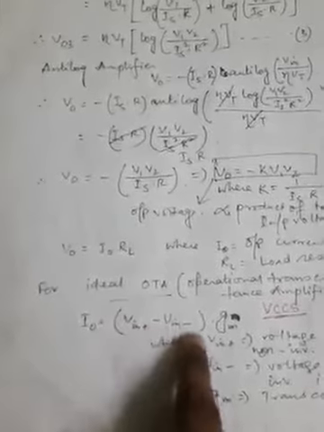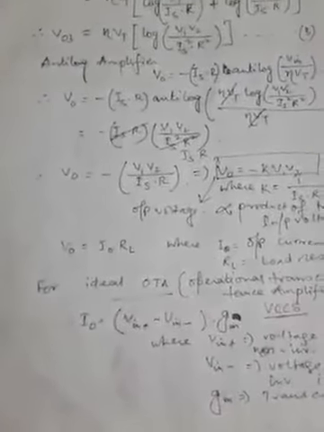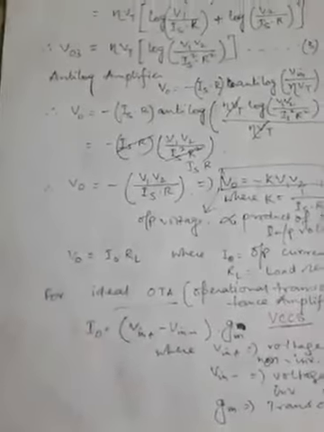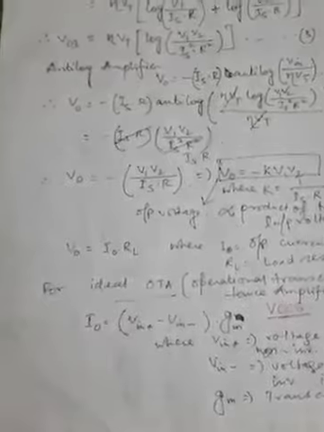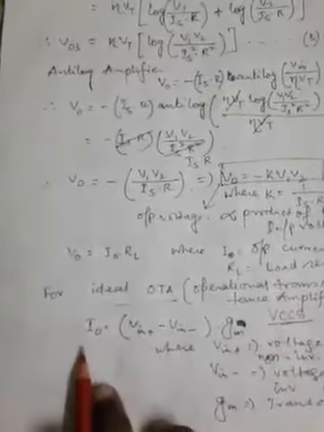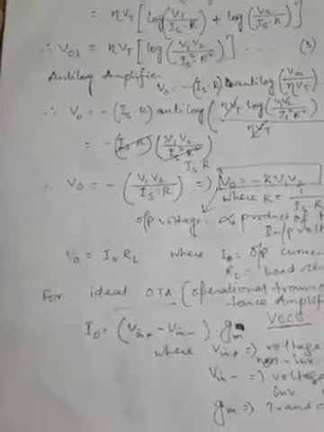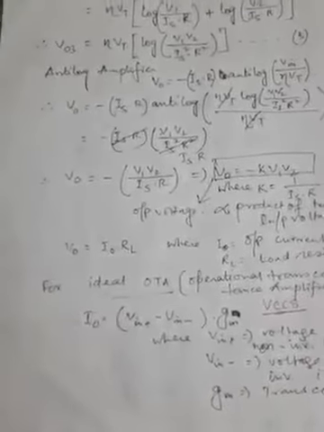Because at the input we have taken the expression V in plus minus V in minus. We have taken two voltages at the two input terminals, and their values control the magnitude of the output current. So therefore, it is a voltage controlled current source. With the help of voltages at the inputs, we are getting an amount of current at the output.